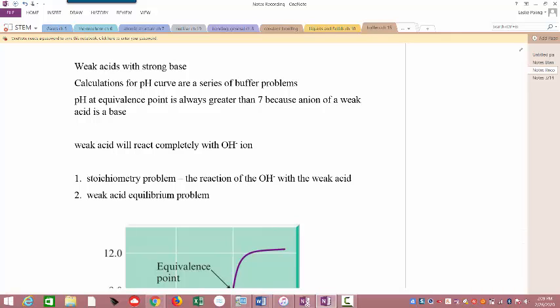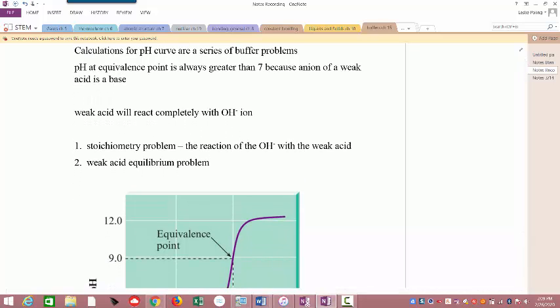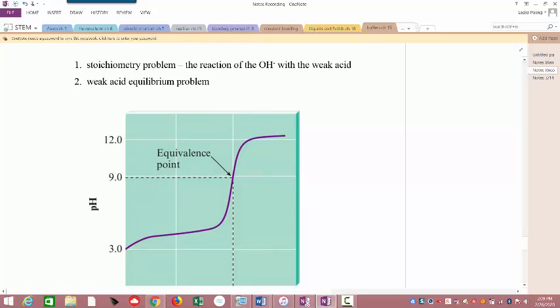Now, when you have a weak acid with a strong base, it's going to be different because it's a series of buffer problems. Your pH is going to be greater than 7 because that anion of a weak acid is a base, and then the weak acid completely reacts with the OH minus. So it is a buffer problem.